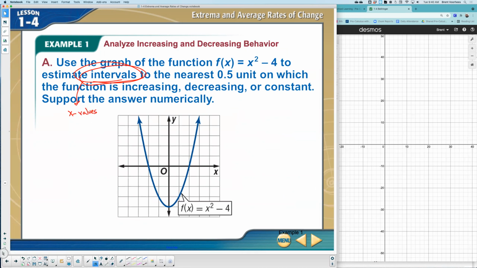It's kind of like your domain, x values, but with parentheses only. So you don't have to worry about the brackets or parentheses. You just always use parentheses when we talk about increasing, decreasing intervals or constant intervals. So it's x values, but with parentheses always.